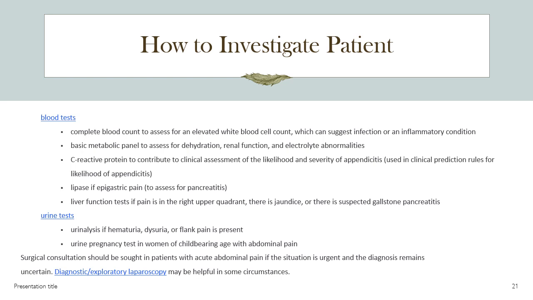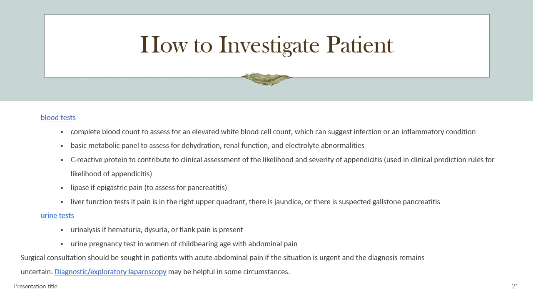Then you can order some blood tests to assess the status of the patient, like complete blood count to look for evidence of elevated TLC that might indicate ongoing infection or inflammatory status, basic metabolic panel to assess for dehydration, renal function and electrolyte abnormalities, and C-reactive protein, which is very helpful in following patients with appendicitis and pancreatitis.